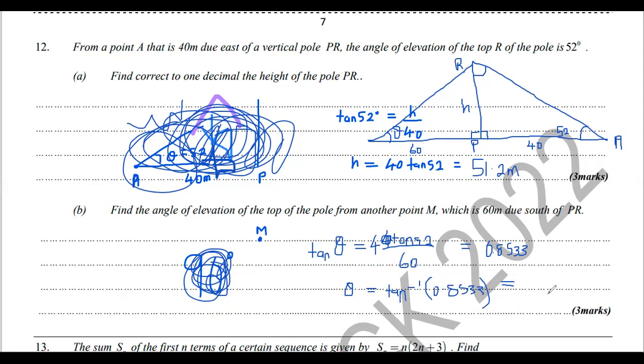That gives us 40.47. So the angle of elevation is 40.47 degrees.